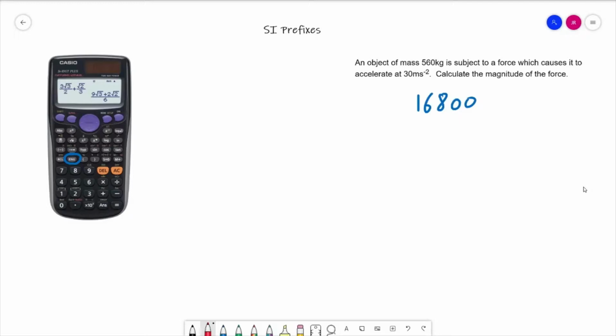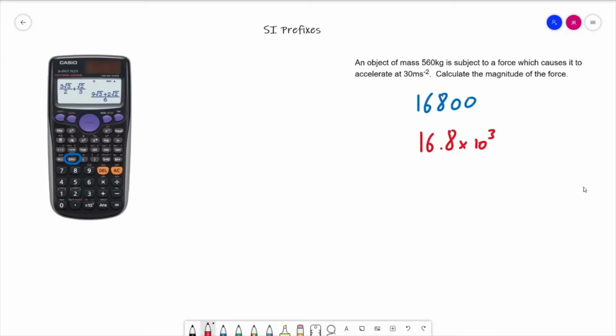So if you still have that answer on your calculator, press the ENG button now. If not, just get that answer back on your calculator and hit that button. What my calculator then tells me is 16.8 times 10 cubed, and straight away we've got an answer in the correct format ready for our SI prefix.